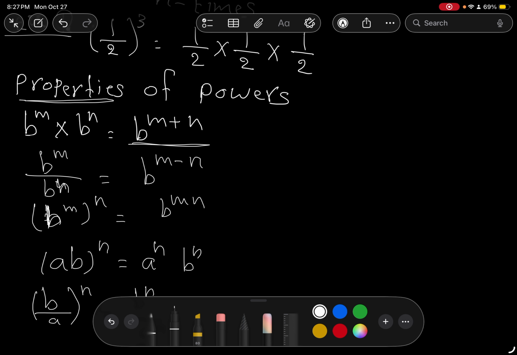In division, we should subtract the exponents, b to the mth over b to the nth. So we should subtract them.